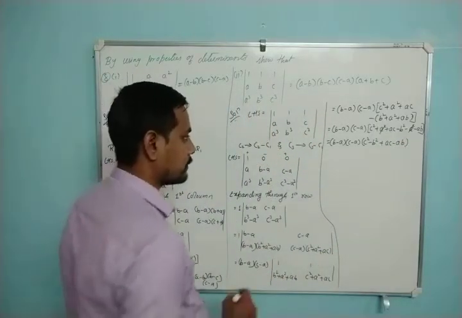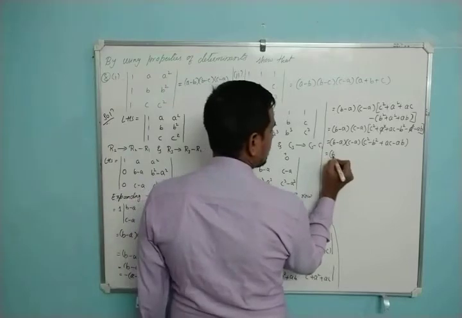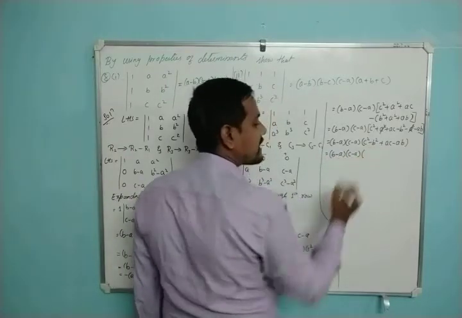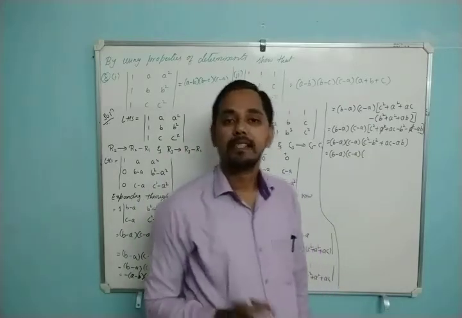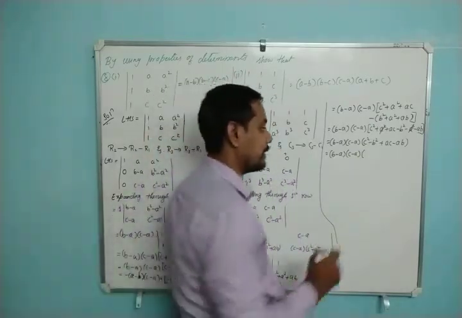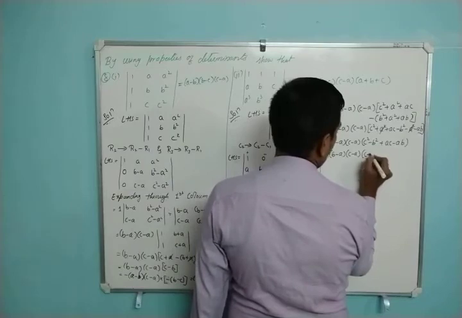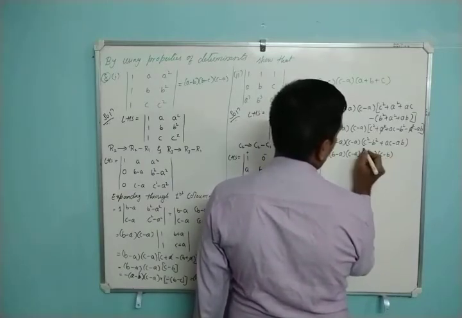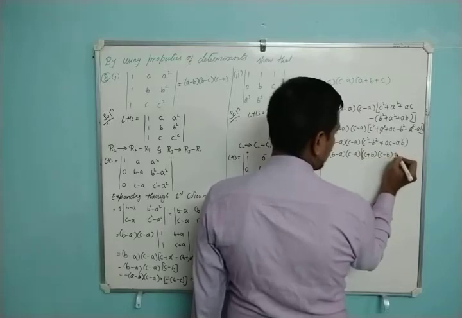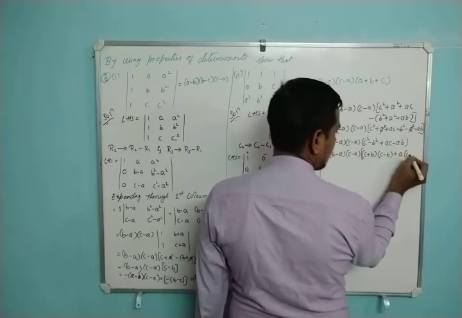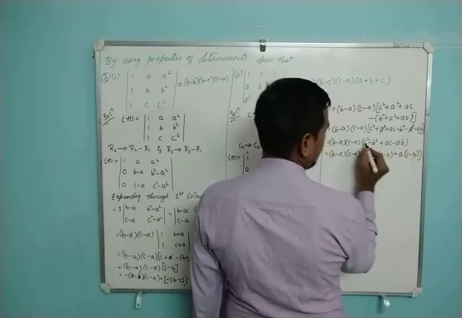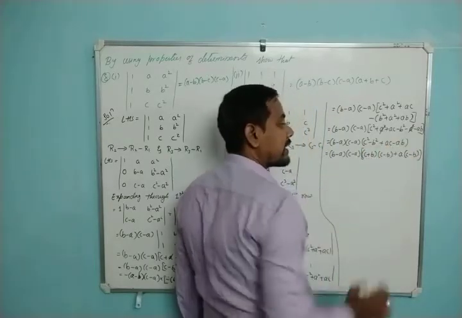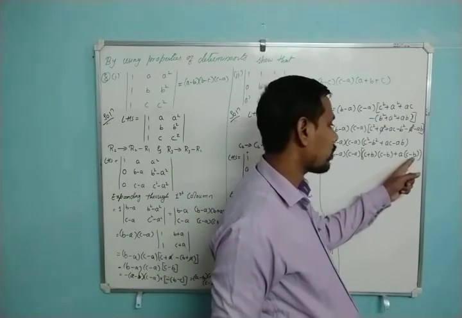Now this is B minus A into C minus A. What is C square minus B square? It is C plus B into C minus B, plus A, if I take common, C minus B. See, C square minus B square I have expanded here, and out of AC minus AB I have taken A out, so what remains?